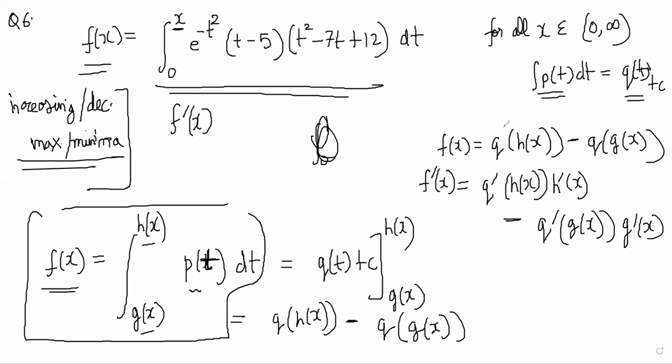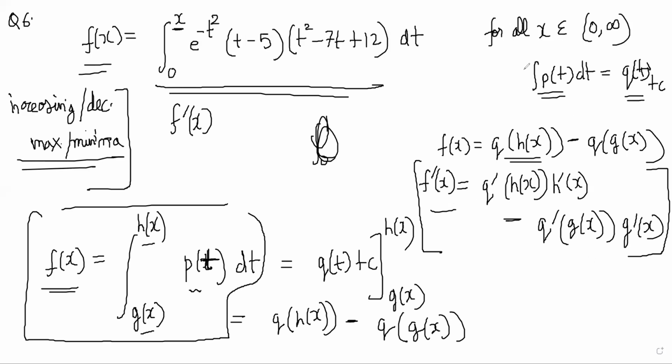Everyone knows how to differentiate with the chain rule, composition of functions. Outside part and then inside part, right? Now notice one thing. This part is clear, no? How f of x has come as this and f dash x has come as this.